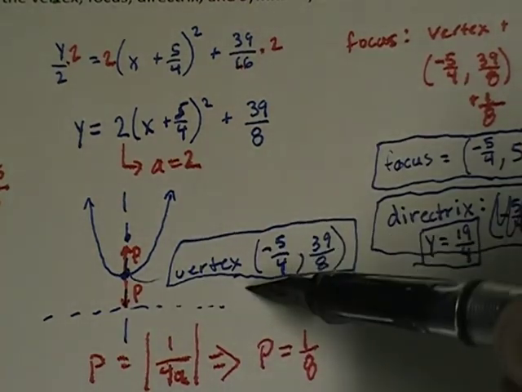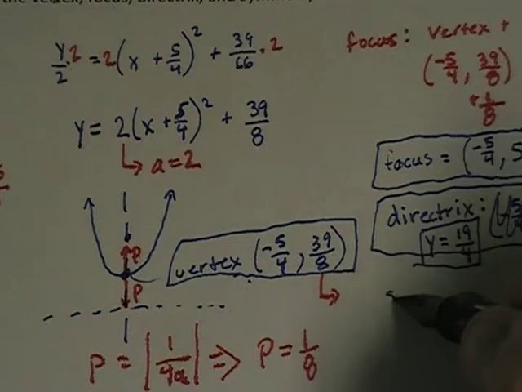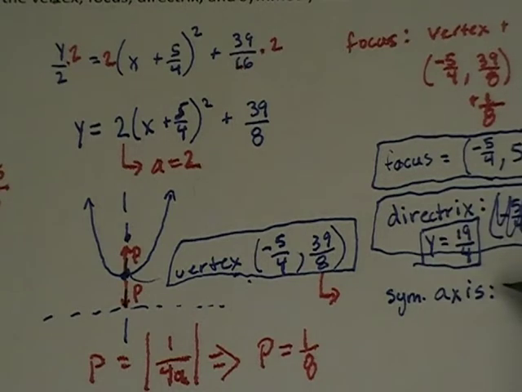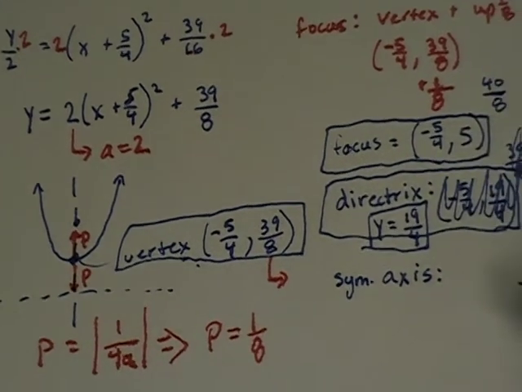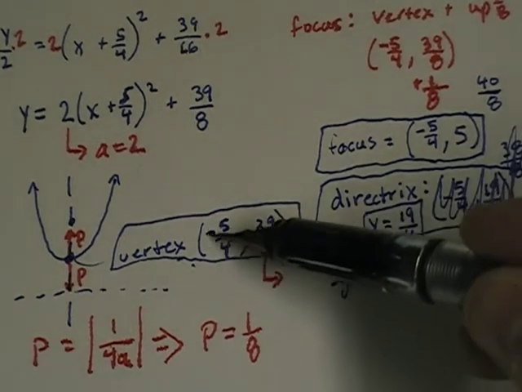All right, so the symmetry axis, going back to this same concept, is a vertical line, and it goes through the vertex. Well, what's the equation of a vertical line? The equation of a vertical line is always x equals a number. Well, if you look at your vertex, there's the value of x.